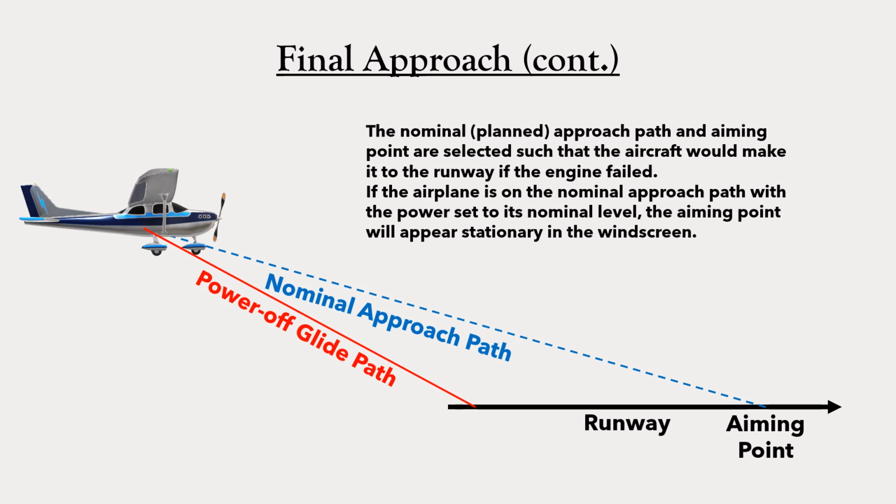That guarantees that if you were to have an engine failure while you're on your approach, your power off glide path, which would be steeper, will still result in you being able to make it to the runway. So when you're flying down this nominal approach path, that aiming point stays at the same place in your windscreen.